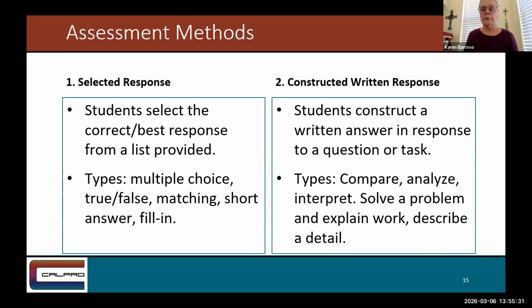Perhaps in the book that we use, even in the low levels, there is some comparison and analyzing, even though it's difficult for students. So that could be a way of adding that into your class and describing a detail, things like that. So a written response does not just have to be writing a narrative.